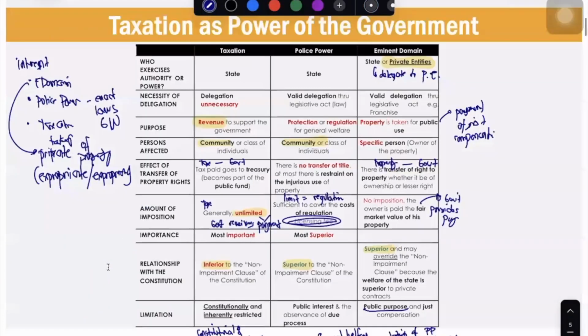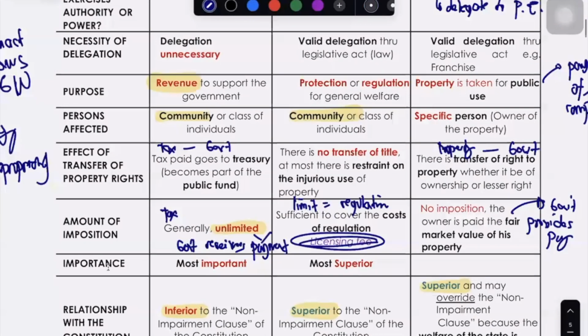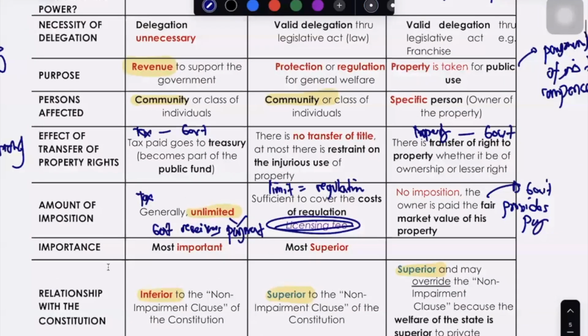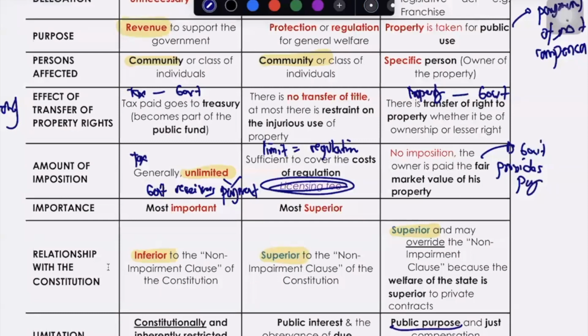In your police power and taxation a while back, we said that as to the purpose, here it is revenue, and here it is protection or regulation. As to the effect, we get the property for use as a fund. But for police power, it is more of restraint. And how do we restrain? By confiscating the property.